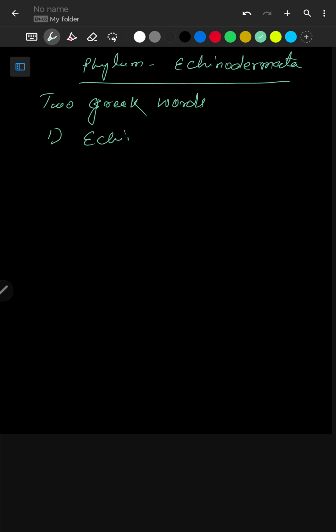Now this Echinodermata, why is the name so? It is derived from two Greek words: echinus means spiny and derma means skin.